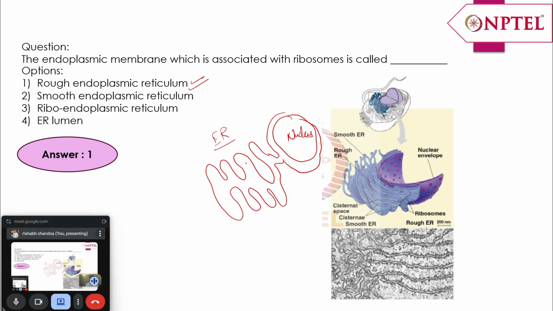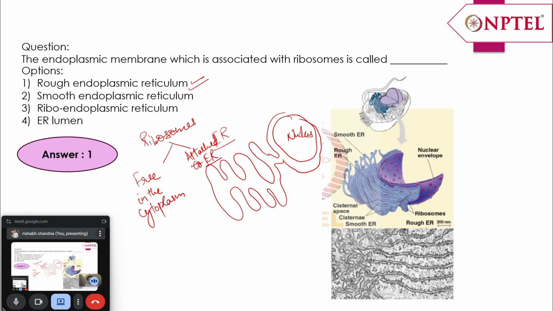Now there are two kinds of ribosomes. One type is free in the cytoplasm, and the other ones are attached to the ER.